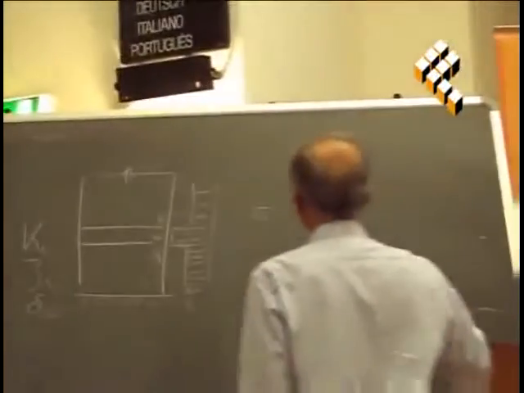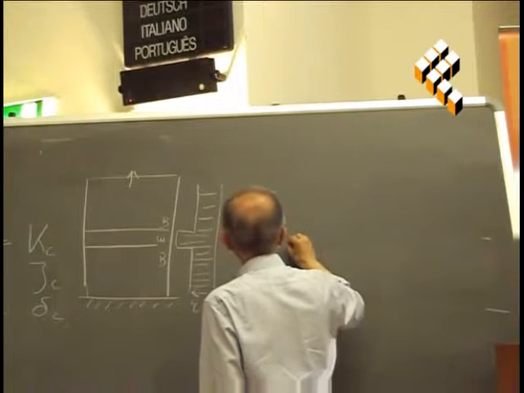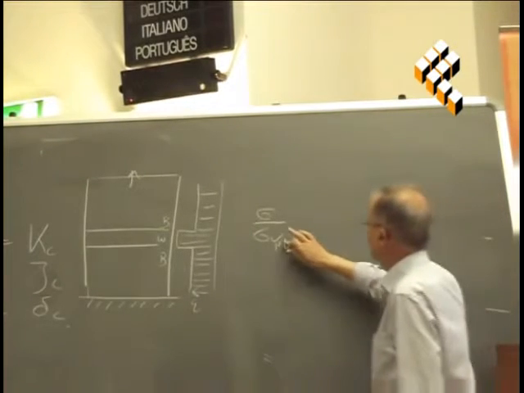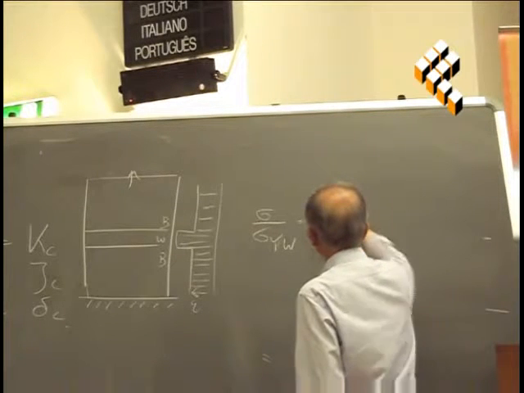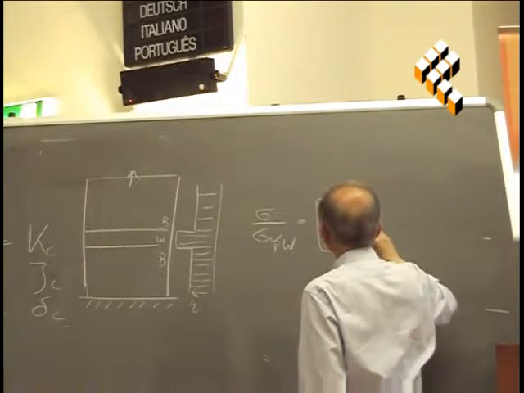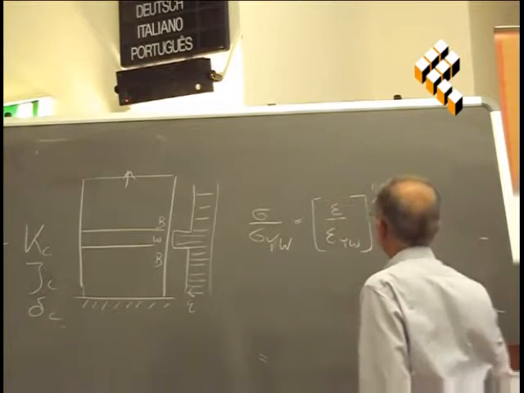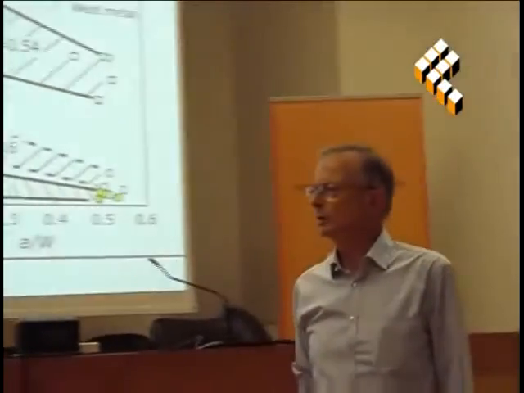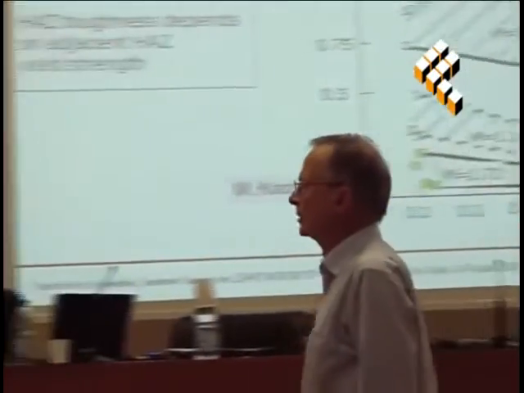So as a general symbol, and further subscript W for weld metal, and the stress strain curve as a power law is given by epsilon raised to an exponent of 1 over n, comma W. So n is a number between 0 and 1. So usual steels have 0.1, 0.15 as a Hardy exponent.